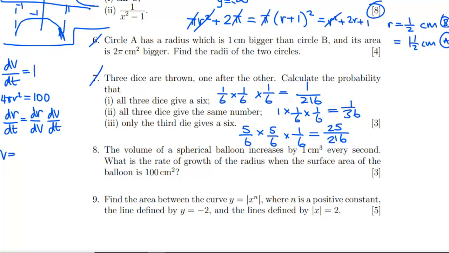Okay, so V is equal to 4/3 pi r cubed. So dV/dr is equal to 4 pi r squared, which is equal to 100 in this particular case. And we want to do 1 over dV/dr. So it's going to be 1 over 100. That's going to be our rate of change.